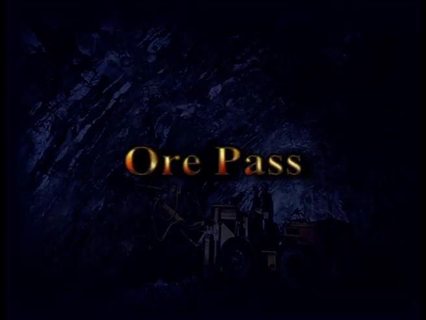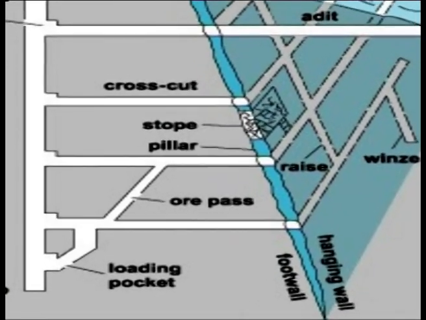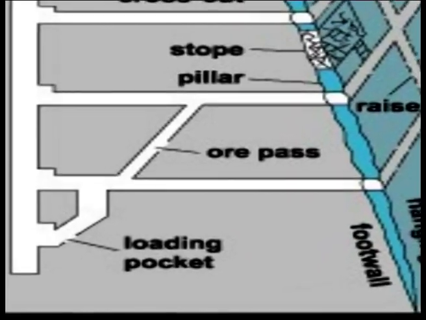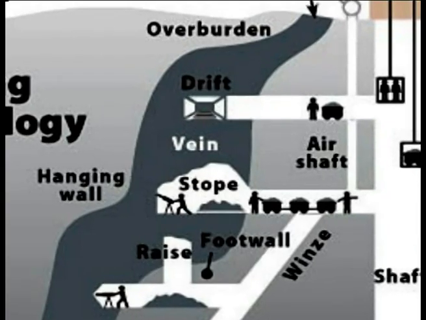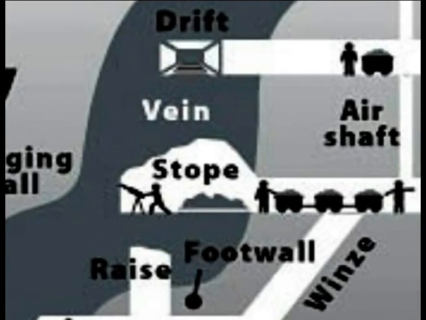It enables the broken ore to be directly loaded into tubs, mine cars, etc. Ore pass. Ore pass is used to describe lined concrete portions of raises or winze through which ore or waste filling is dropped. Stope is an underground excavation made for removing or winning the ore.